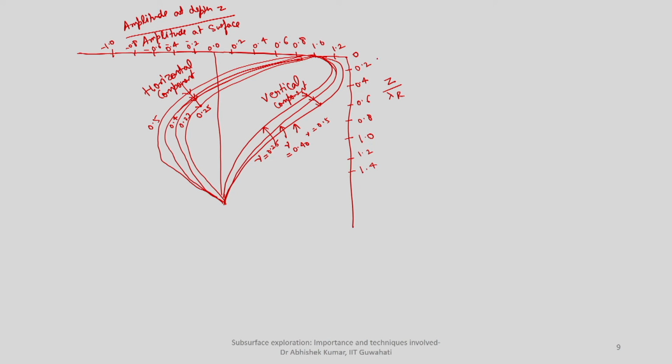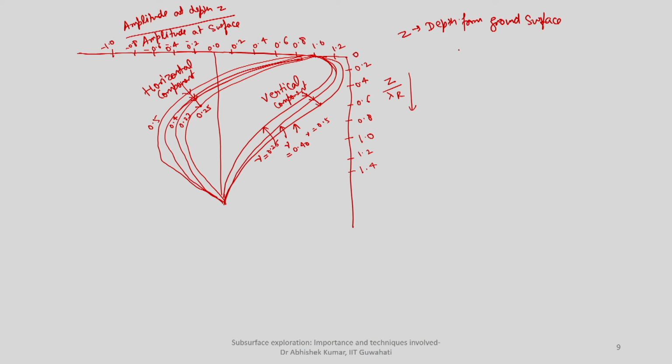One important observation to be drawn here is that if you consider a particular wavelength or particular wave, as you are going deeper, that is, as the z value increases, where z is the depth from the ground surface. If you target one particular depth and try different wavelengths, as the wavelength keeps on increasing, the value keeps on decreasing.